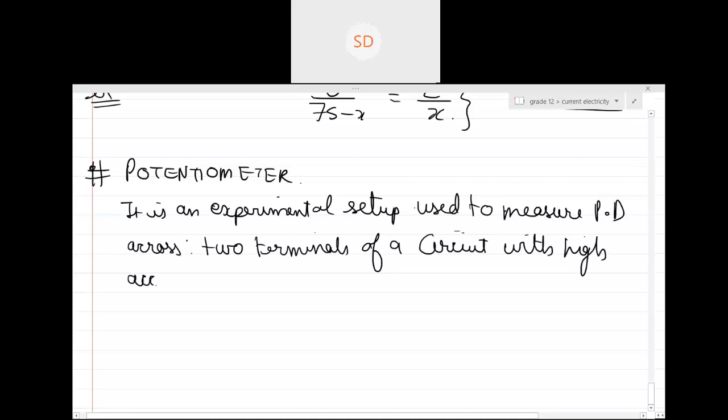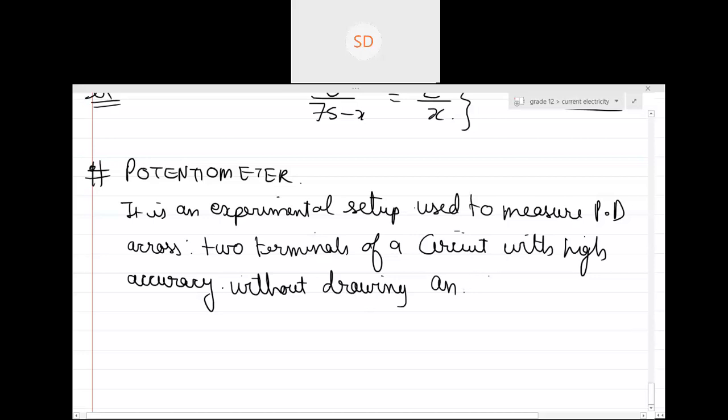The voltmeter was not accurate, right? Was voltmeter accurate? Guys, was voltmeter accurate? No, sir. So basically, what happens in the case of potentiometer?